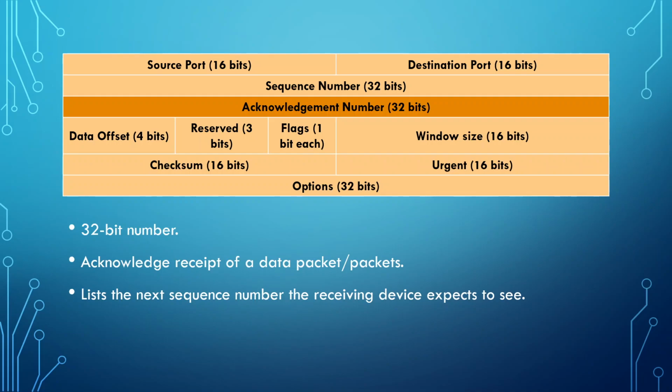So just to show you that I've actually received your data, I received all the data that you've sent so far, and I expect the next TCP packet to have this sequence number. By using this sort of methodology, it allows the sender to transmit multiple TCP packets to the receiver, and then the receiver to use a single acknowledgement to acknowledge receipt of all those packets.